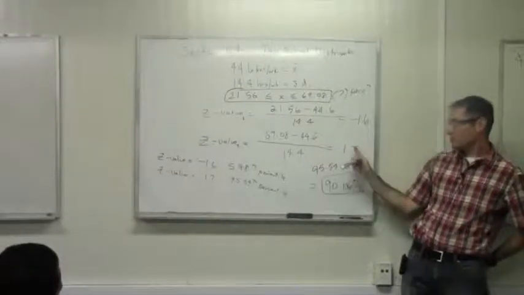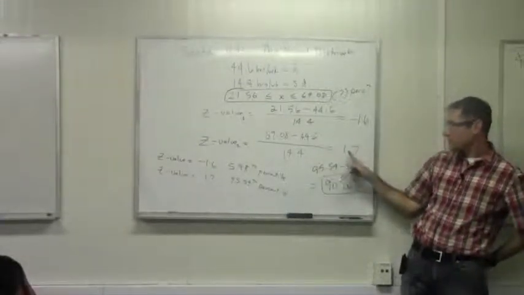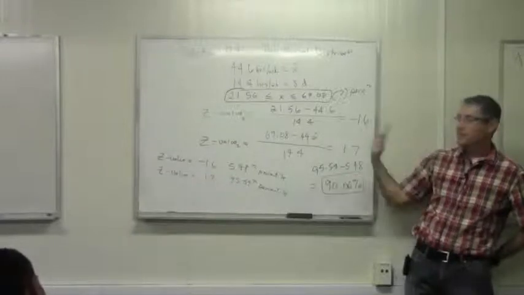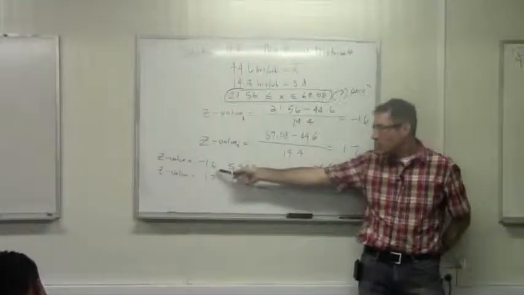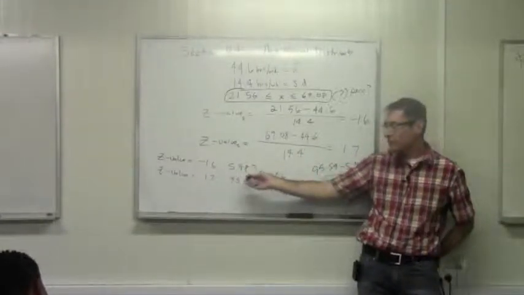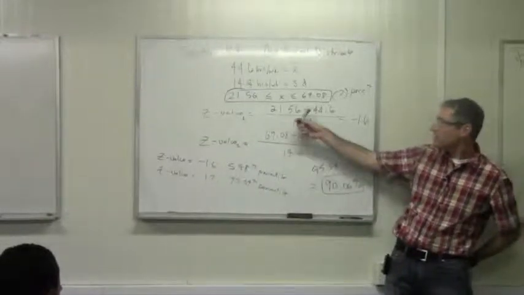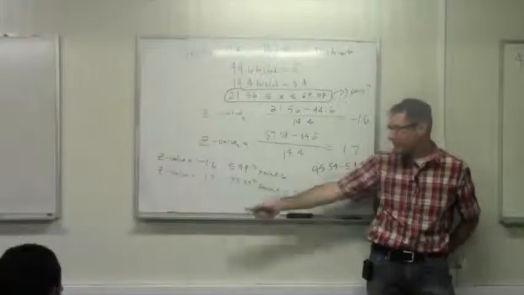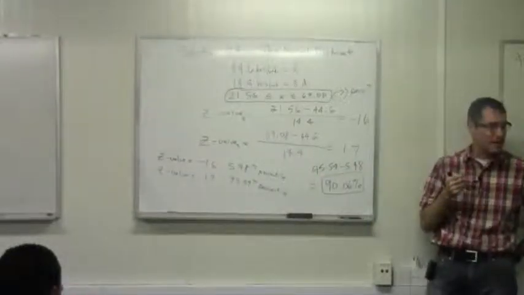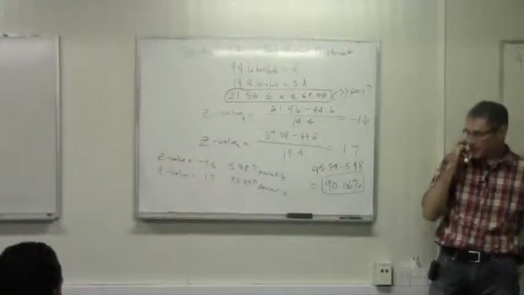Same system, 1.7. I looked at the percentiles for those two. Negative 1.6 was in the 5.48 percentile. And the 69.08 was in the 95.54th percentile. And I subtracted those.